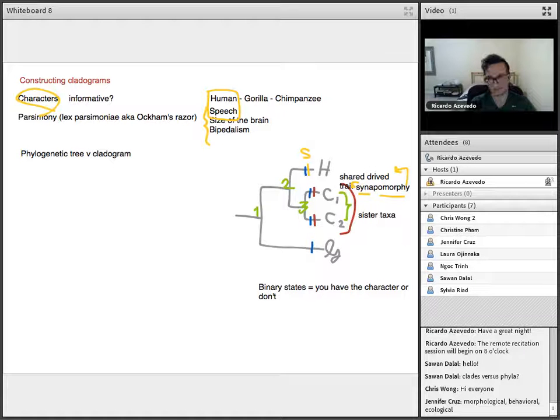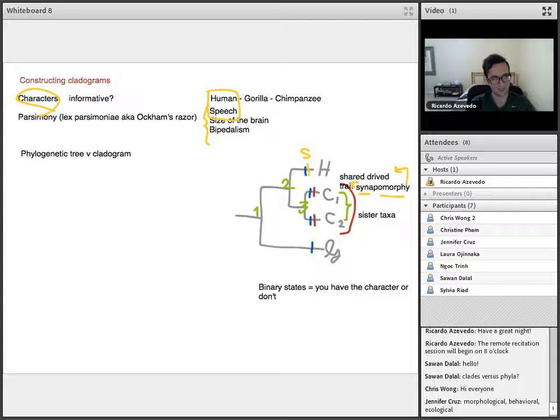Syn means, what is basic? Common. Apo means away. Actually, I tried to find a word with the apo prefix. All of them are technical words, so it wouldn't be helpful. Morphe just means character. So these are shared characters.